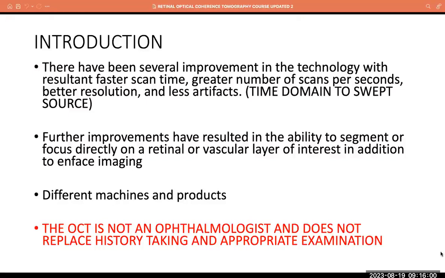This is because if you put someone on the machine, the longer they stay, the more uncooperative they become. But if you can acquire fast scans in a shorter period of time with good resolution, it's like buying phones with very good cameras. If you compare the picture quality of phones that came out in the early 2000s with the ones that came out this year, you know the difference.